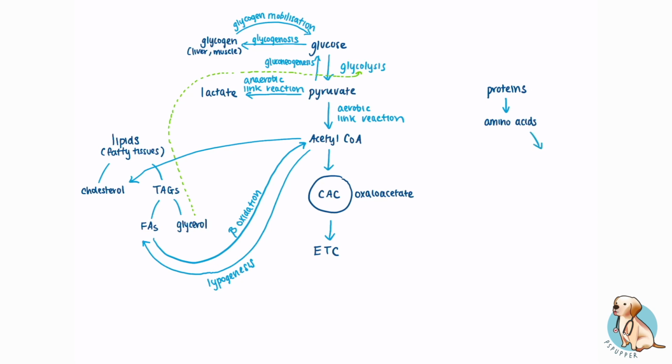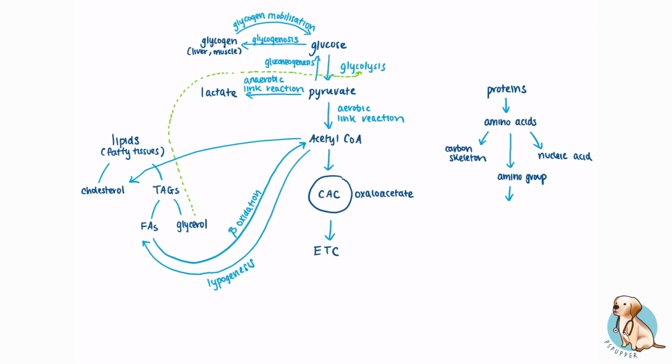Okay, nucleic acids, an amino group, and a carbon skeleton. Now these nucleic acids are just discarded and they're recycled into the body, okay? This amino group, this actually becomes urea and is excreted from the body.